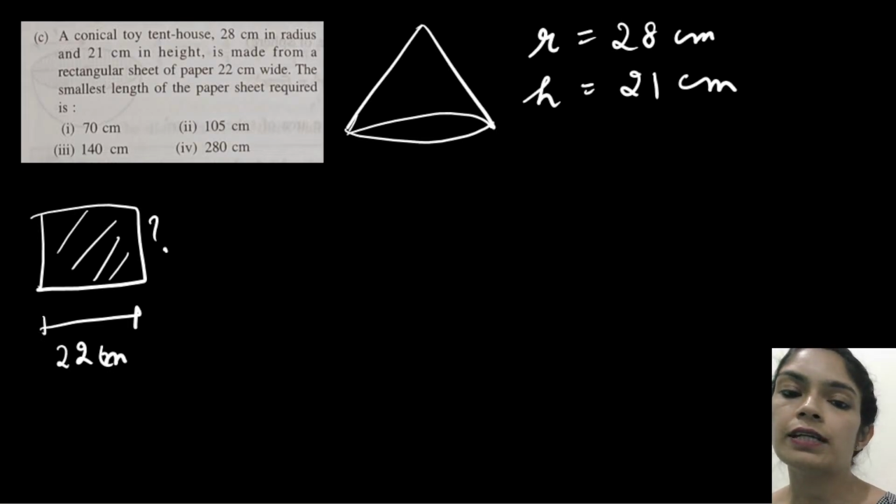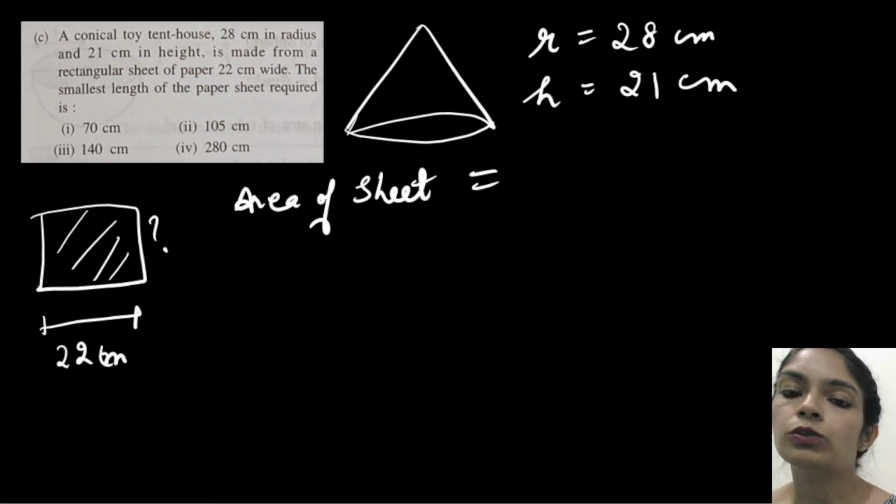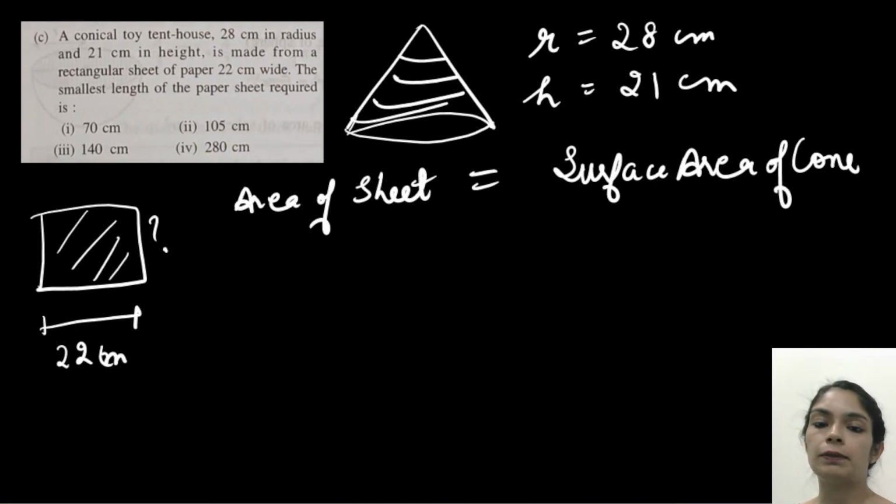Whenever it is a sheet type of question, just remember, whenever a sheet is converted to some solid, area of sheet will be equal to surface area of the solid. Now here surface area of cone I will be writing, but here we will be only considering curved surface area because in the toy tent the base will not be there.